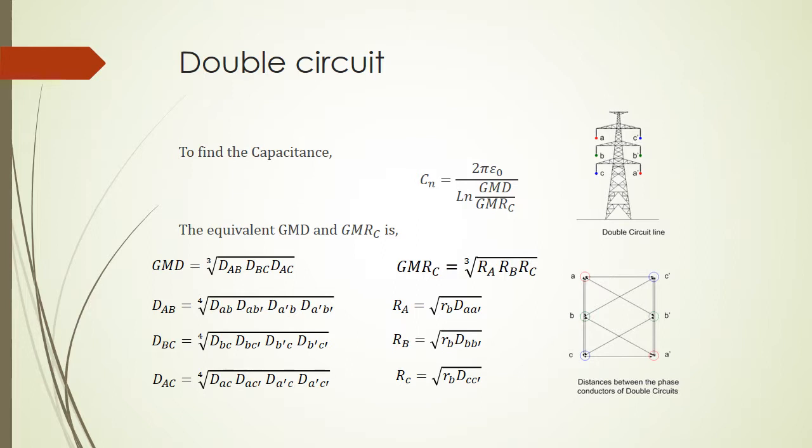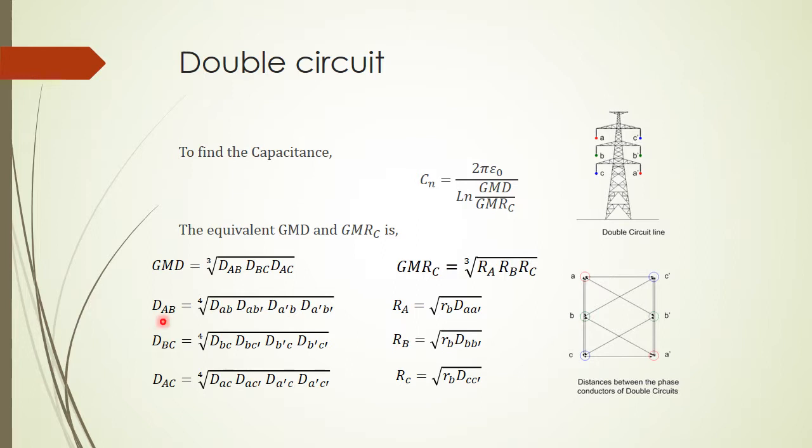The GMD and GMRC are given by these formulas, with the GMD equal to the average of DAB, DBC, and DCA. They are the distances between the single phases.